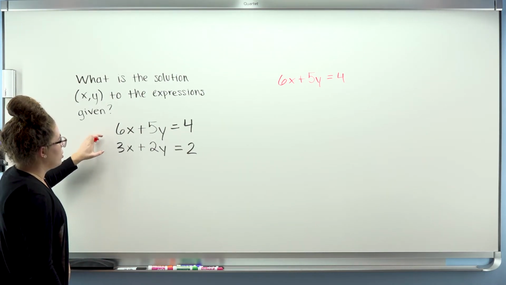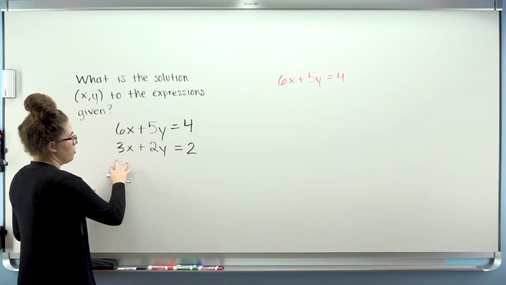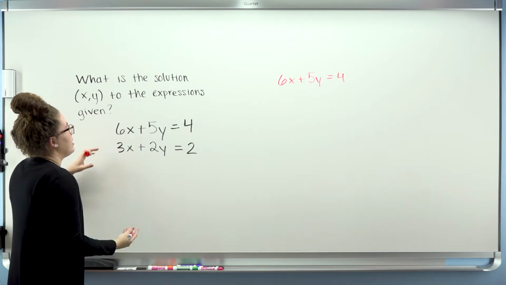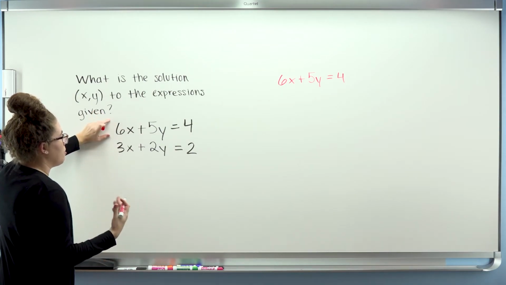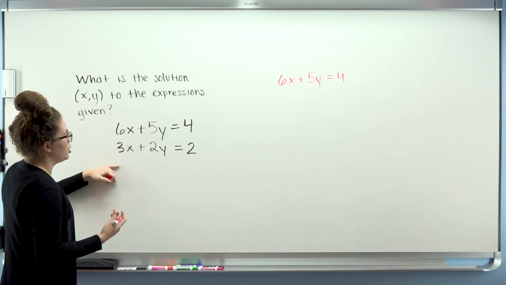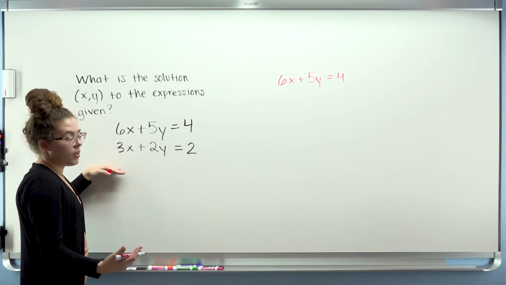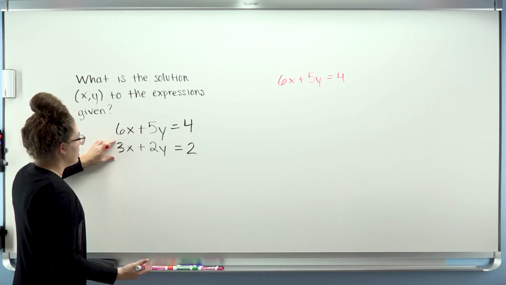So one thing you can do to modify this lower equation, the equation on the bottom, to make it similar so you get the same coefficients in one of them, would be multiply this by 2. Because by multiplying this whole equation by 2, you will get 6x here.